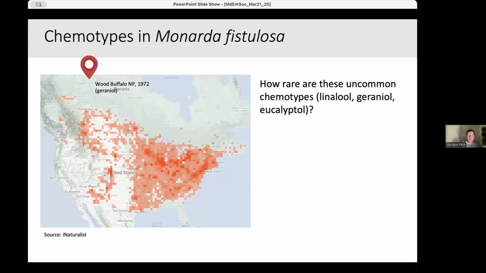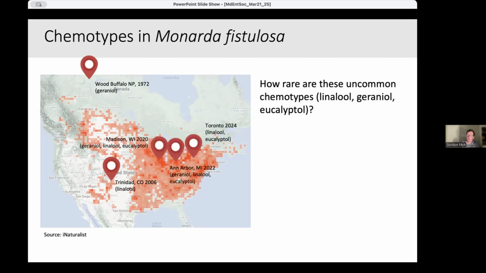But then in the early 2000s, Ken Keefover-Ring was doing his PhD research in Colorado and found a couple more plants in the Southern Rockies that had one of these other compounds, one that smells like lavender.